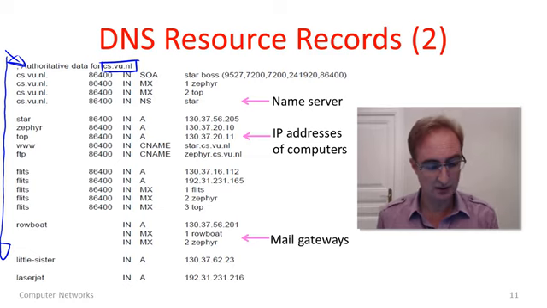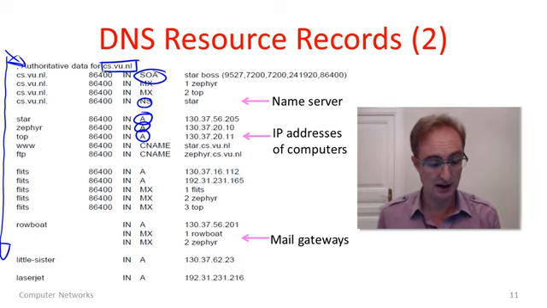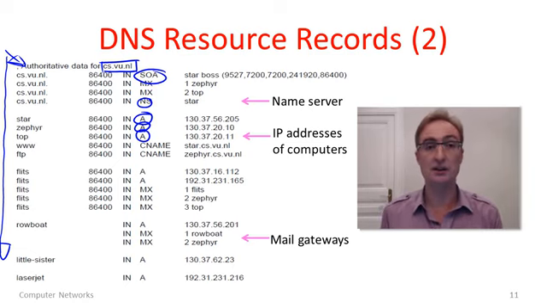Here's our start of authority record. It's just going to have some key parameters. But most things in it will then be things like the A address. Here are A records. They have the IPv4 addresses. Here was an NS record. It had the name of a name server. So star.cs.vu.nl is the name server for this domain.